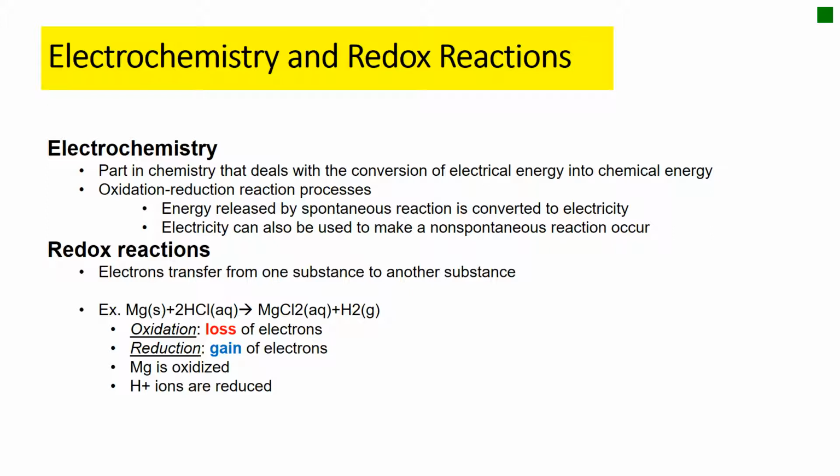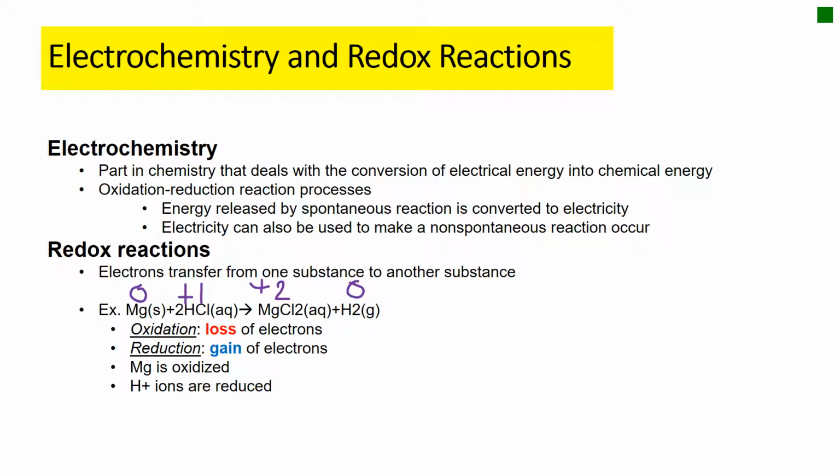Magnesium is going to have an oxidation number of 0. Hydrogen chloride is going to have an oxidation number of +1. Magnesium chloride is going to have an oxidation number of +2. And hydrogen is going to have an oxidation number of 0.